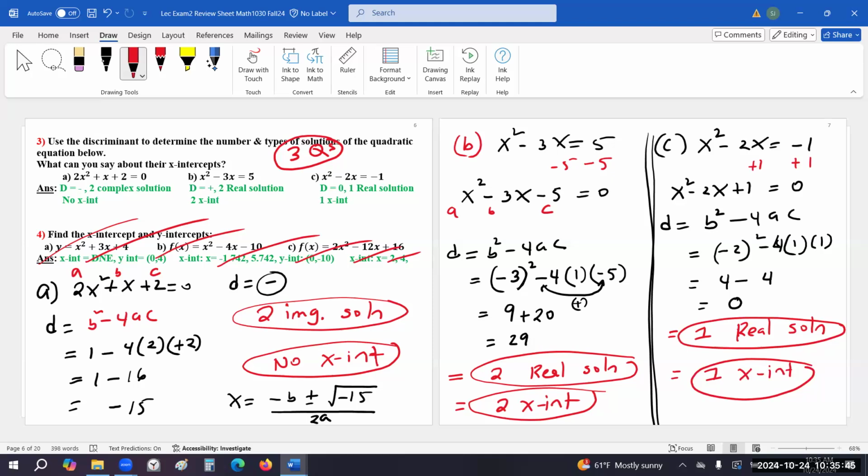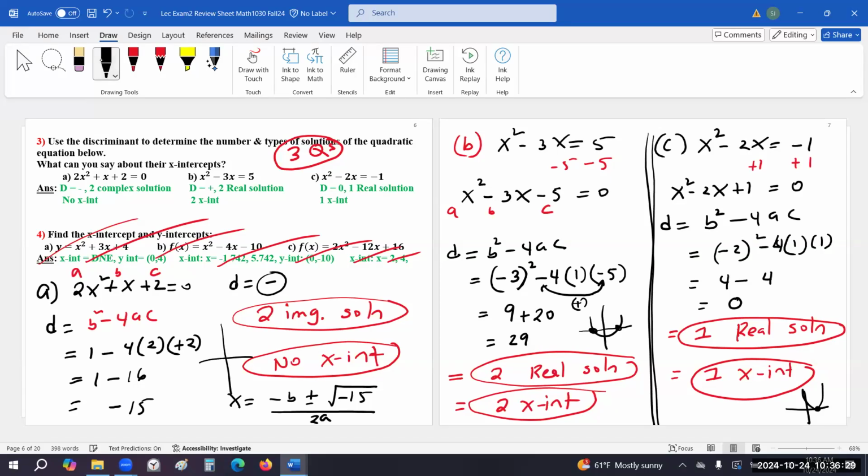So if you want me to draw their graph, this graph, negative 1, positive 1, to negative b over 2a. Here, this is our graph. We have our vertex on the x-axis. For this one, we have 2 real solutions, something like this. We are crossing the x-axis twice.